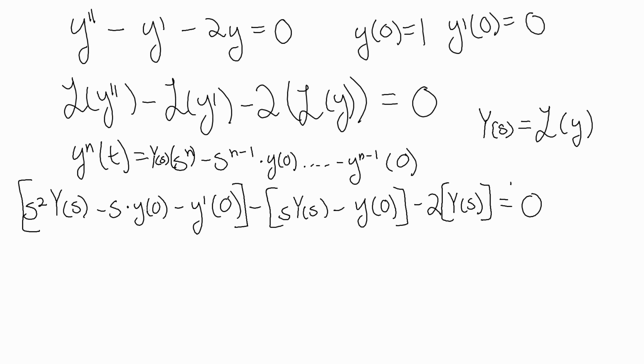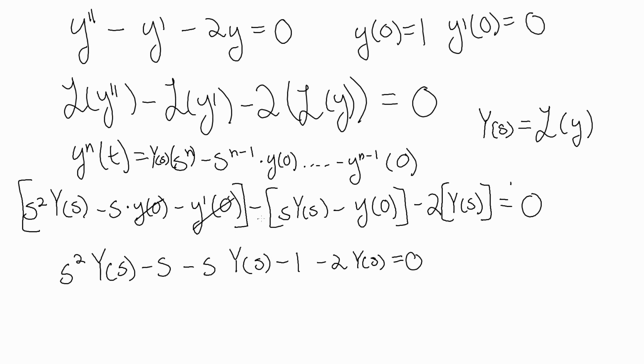Well, we'll notice that we have our y of 0 and y prime of 0. These correspond to our initial conditions up here. So we actually know what these values are given the initial value problem. So we can actually substitute those in. So anywhere where you see a y of 0 being multiplied by something, that can cancel out. And anywhere where you see a y prime of 0, that goes to 0, so that will also cancel out.